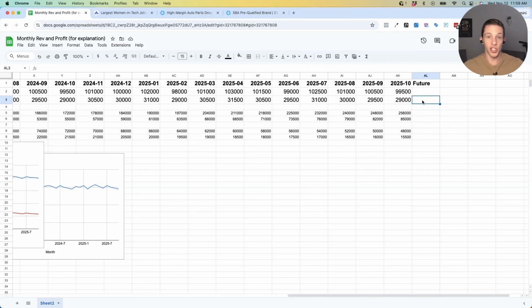In the future scenario with you as the new owner, let's just say that you're going to have an increase to your cost of goods of, based on the budget and your estimates, $4,000. So this number here is going to be essentially $30,000 minus $4,000 per month.